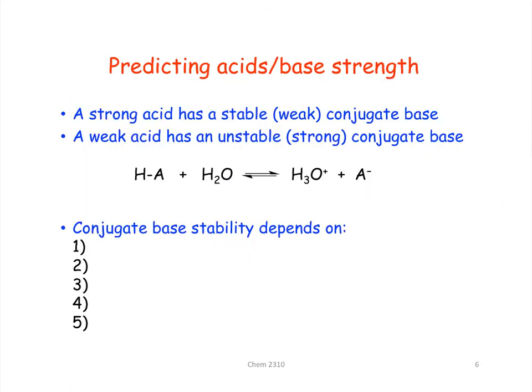All right, so we have two different criteria here that influence this already: electronegativity and size. So we've got three more to go.